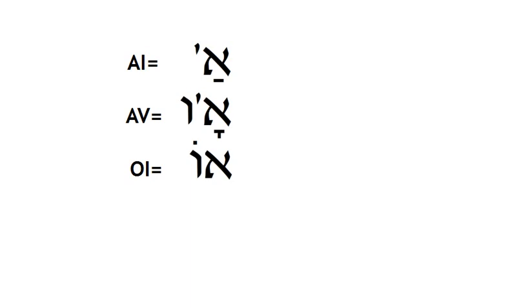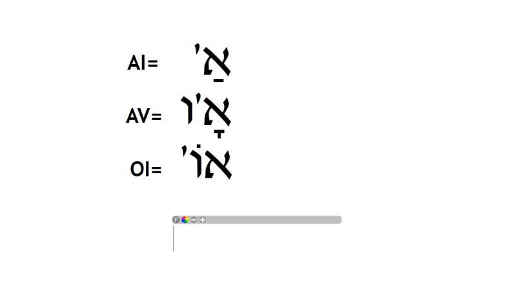When we have our Vav, we're going to put our little dot above it, just like we did before. And how do you think we're going to make the Y sound in "oi"? We're just going to take our friend Yud and add it in there. So this is "oi."